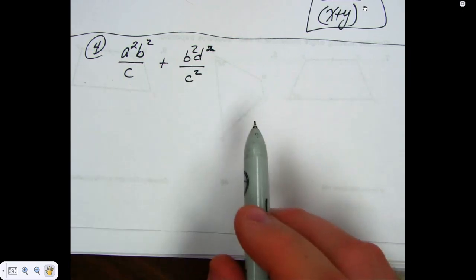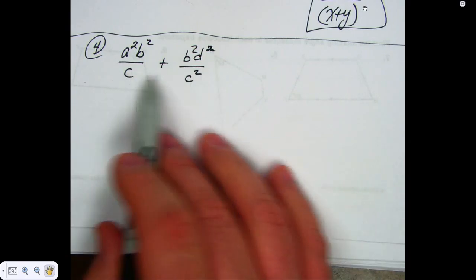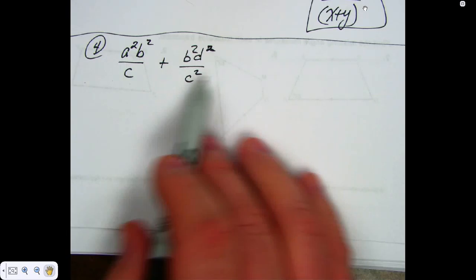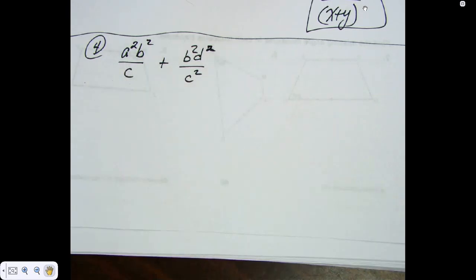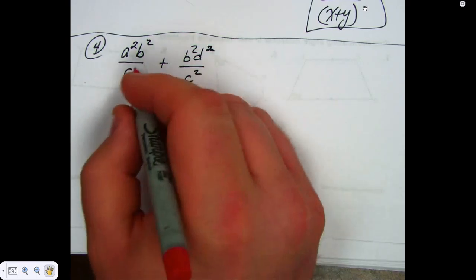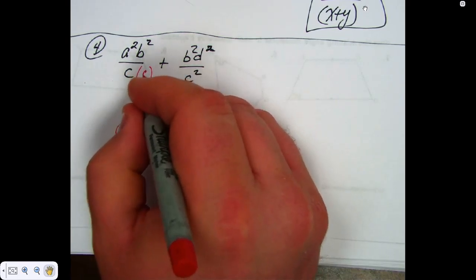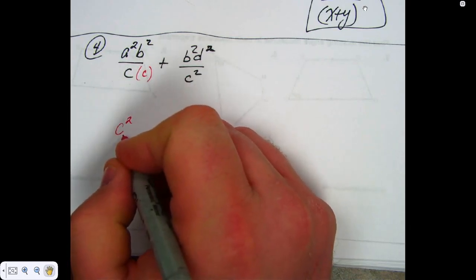Now comes when you have to say to yourself, how can I make one of these multiply by something and become the same as the other? If you think about it, what would I need to multiply c by to make it into c squared? The answer: c. c times c is c squared. Everyone agree with that?